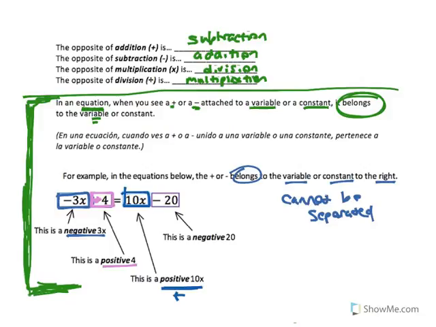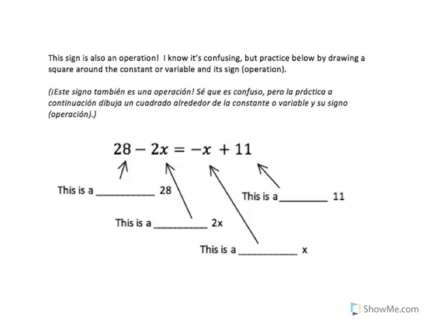So if you have a plus or no sign, it's positive. And if you have a negative sign, it is negative. So the sign is also an operation. I know it's confusing, but practice below by drawing a square around the constant or variable and its sign.